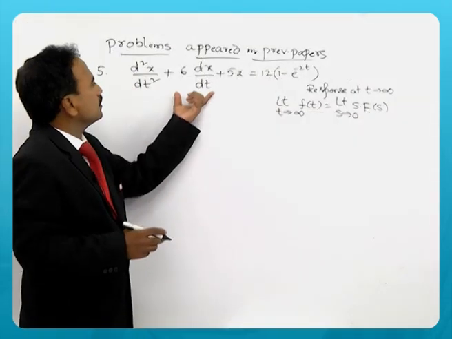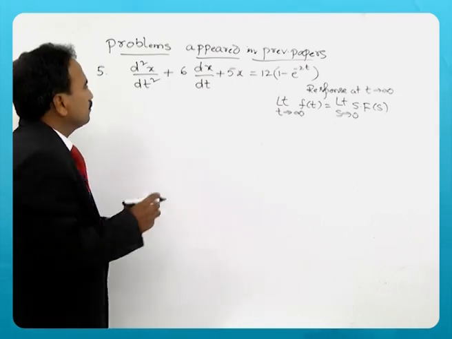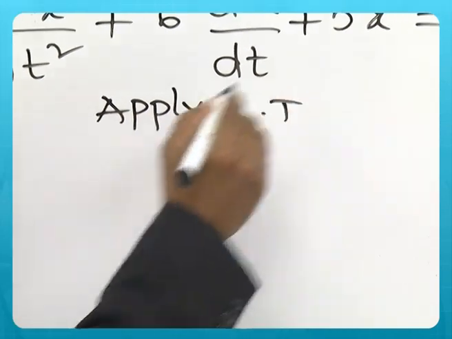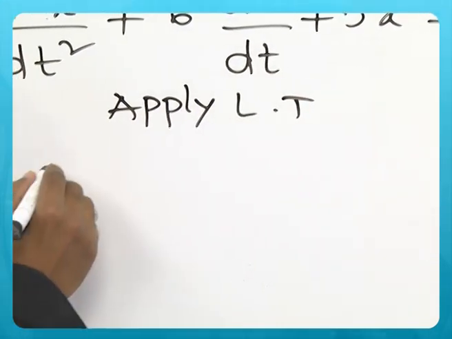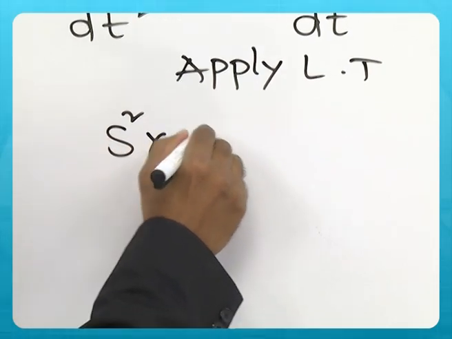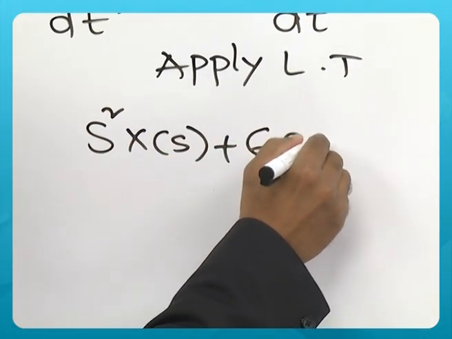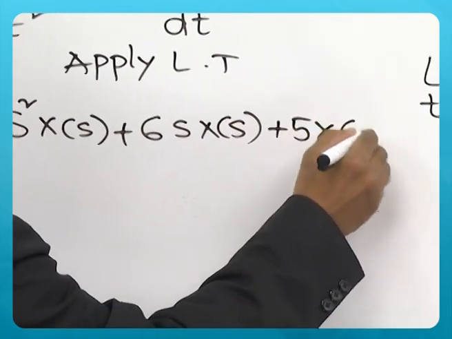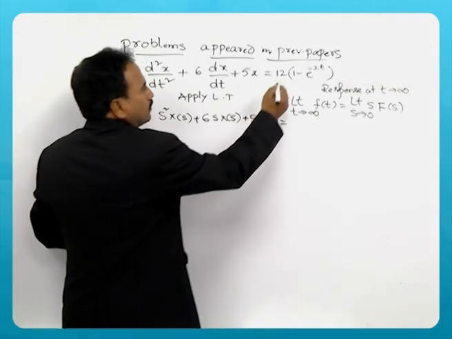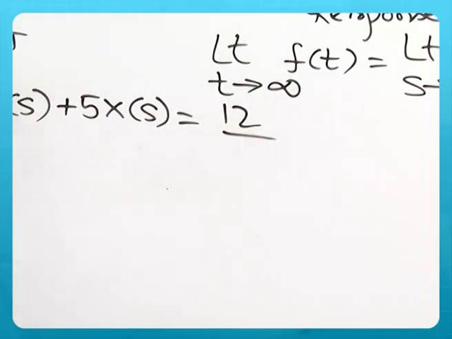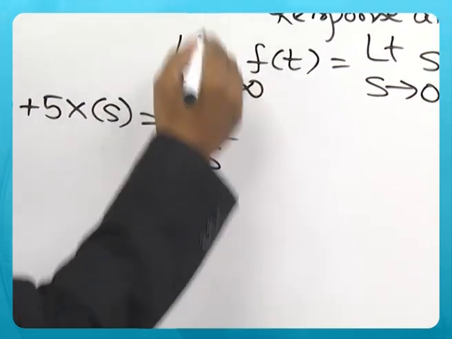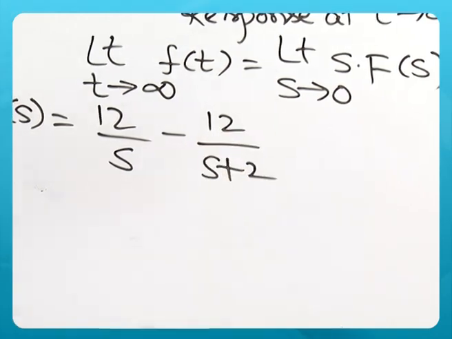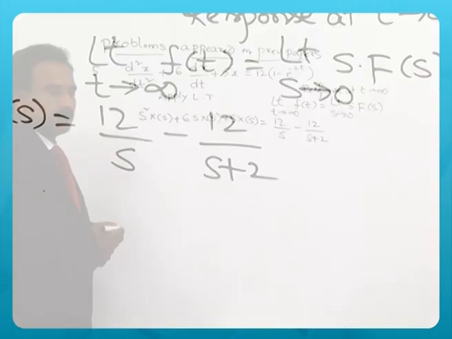Now, when you look at this differential equation, let us apply the Laplace transform to this function. Then it becomes s square X of s plus 6 s X of s plus 5 X of s is equal to 12 by s minus 12 by s plus 2, the Laplace transform of the exponential term.